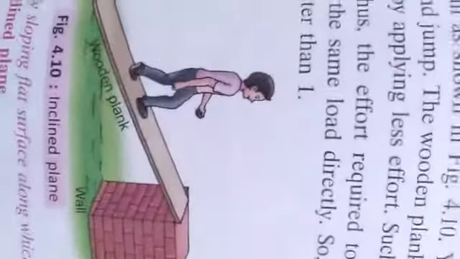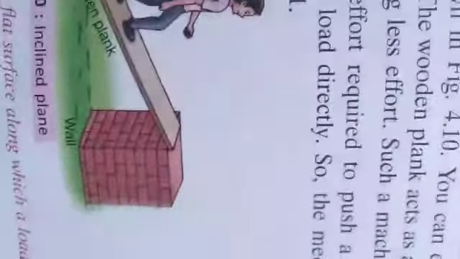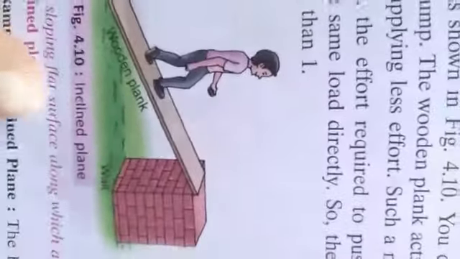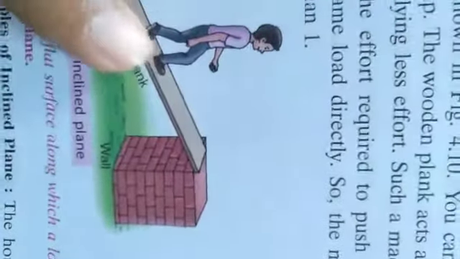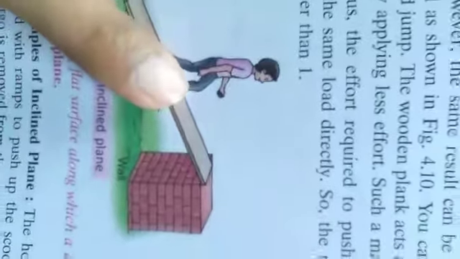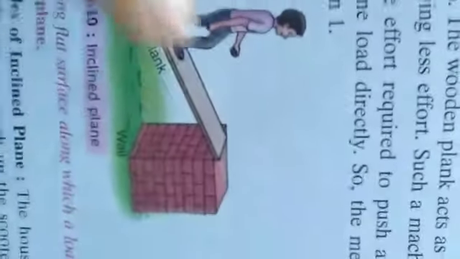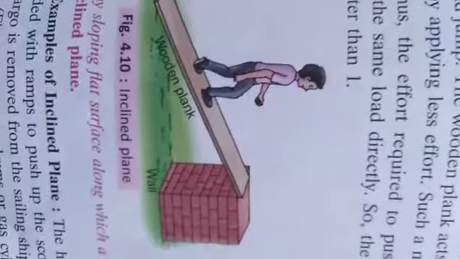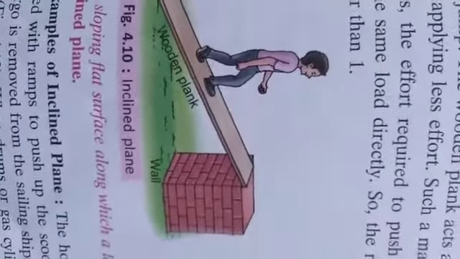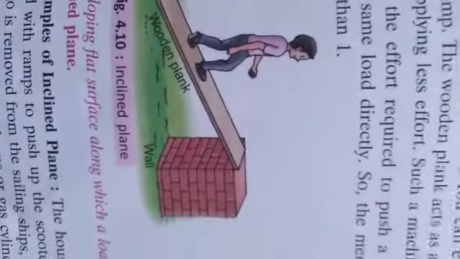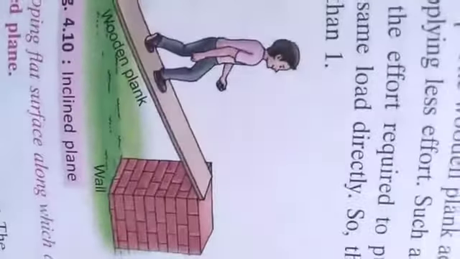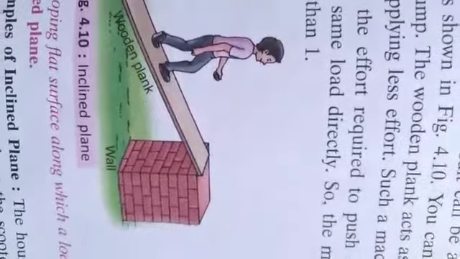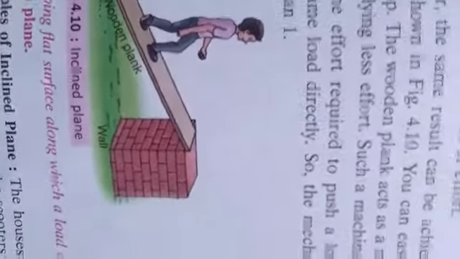But the same result can be achieved by placing a wooden plank like this along the wall. Now you can easily walk over the plank, climb the wall and jump, right? So here this wooden plank acts as a machine which helps you to do the same work by applying less effort. This type of machine is called an inclined plane.